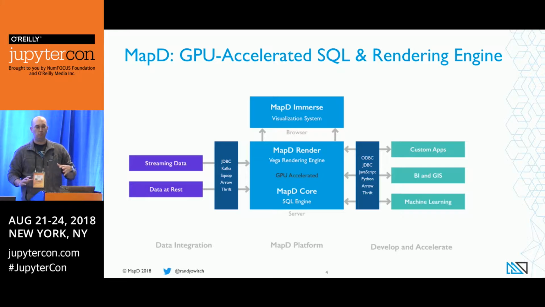Because we have all the power of GPUs behind us, we can use them to not only do distributed calculations very quickly, but also to render graphics, right? If it's a graphics card, we can actually render all of our visualizations that way. So what does that imply? Well, if you've ever tried to do large-scale visualization in Jupyter, one of many things can happen.